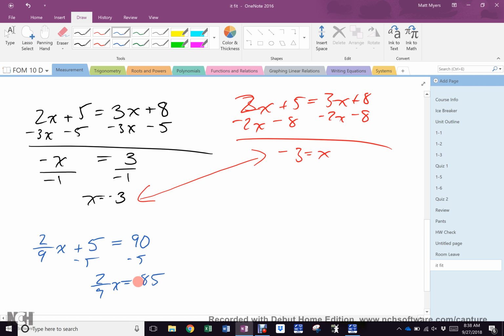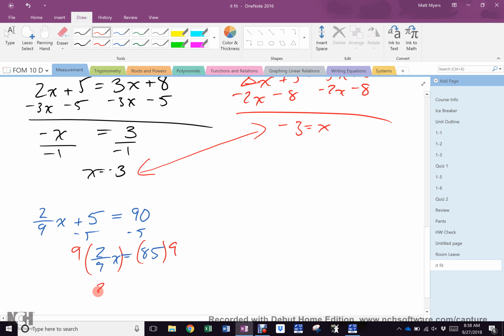Okay. Now what? Now you times each side by 9. Multiply each side by 9. Can you do that in your head? No. You should be able to, because it's 85 times 10 minus 85. So it's 765. Okay. What?